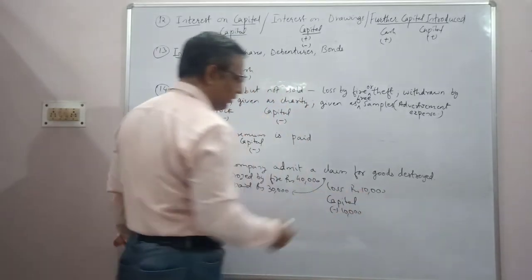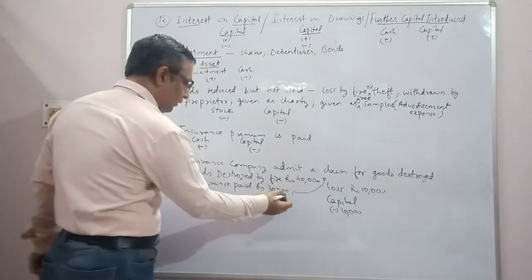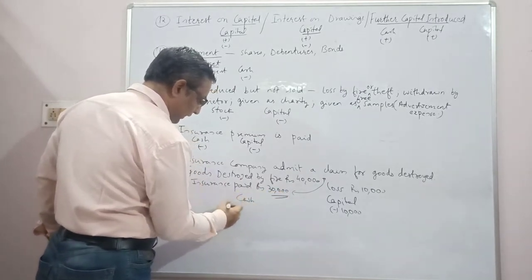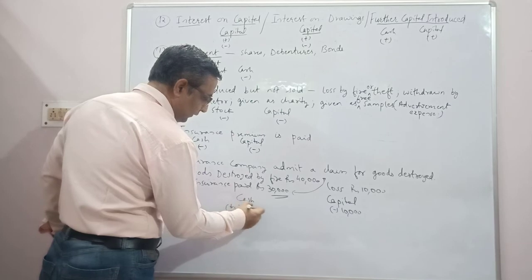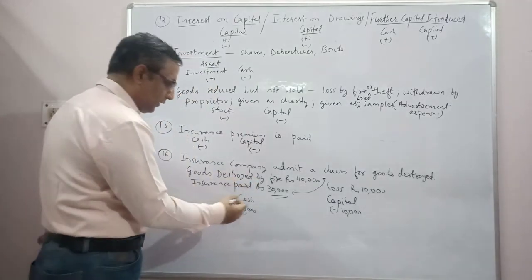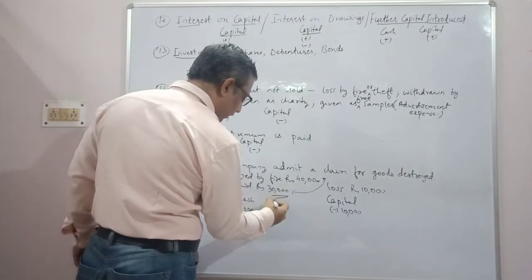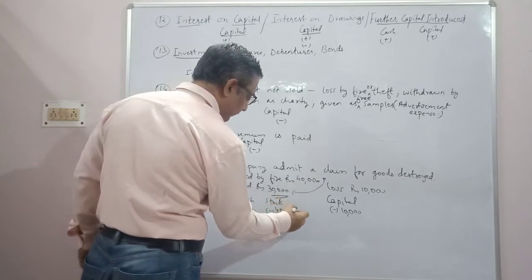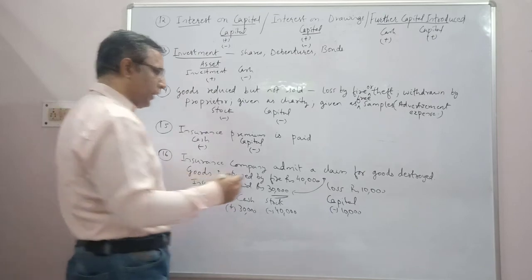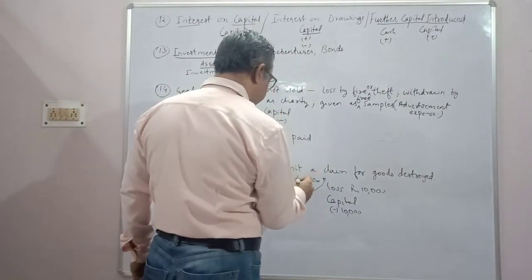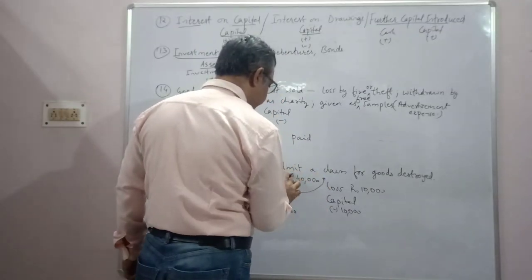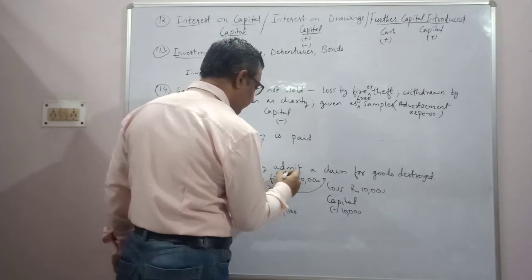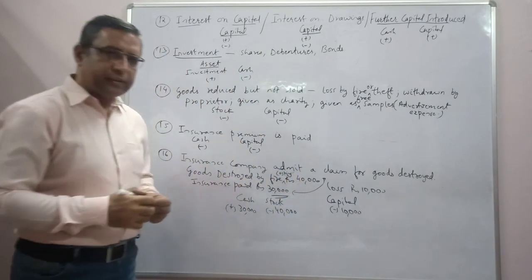The insurance company is paying you 30,000, so cash is increased by 30,000, and the stock destroyed by fire is reduced by 40,000, that is the cost price. We always take the cost price. Costing rupees 40,000. Thank you, students.